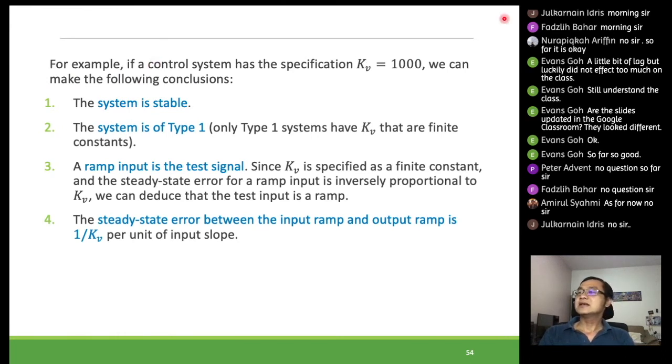So here is an example. If you have a control system with Kv equals 1000, what it means is that the system is first stable, and second, since we are getting a finite, constant value for Kv, Kv only becomes finite when the system type is type 1.